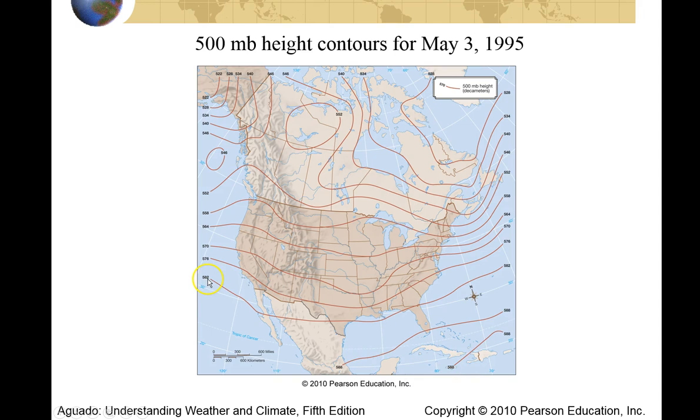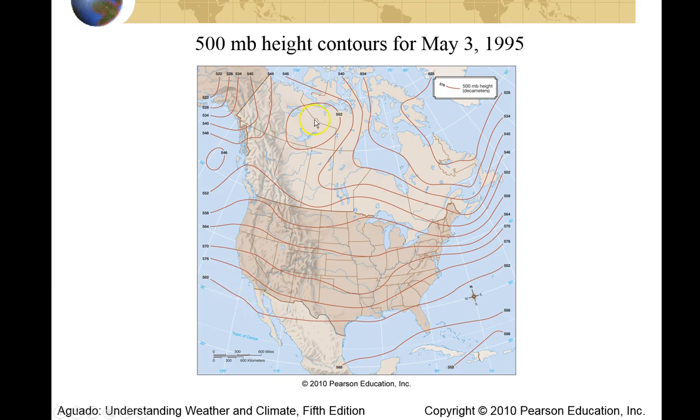Here they say over southern Texas 582, 576, 570, 564, 558. All these numbers are altitude readings, and they're missing a zero. So this actually is not 582, it's a 5,820 meter height contour.